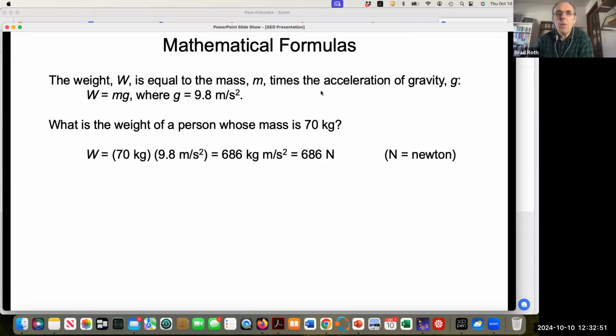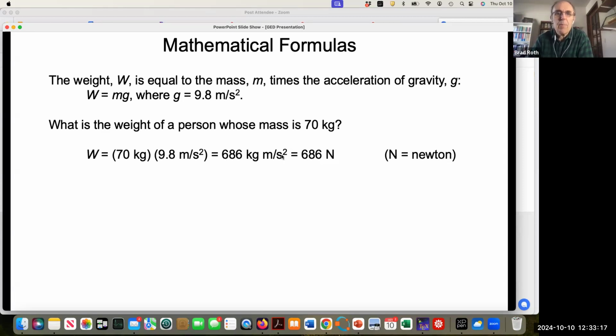So what's the weight of a person whose mass is 70 kilograms? 70 kilograms times 9.8 meters per second squared, which would be given, I'm sure, in the problem, would equal 686 kilograms meters per second squared. Now, the metric system often gives nicknames, basically to make life easier and to honor famous scientists.